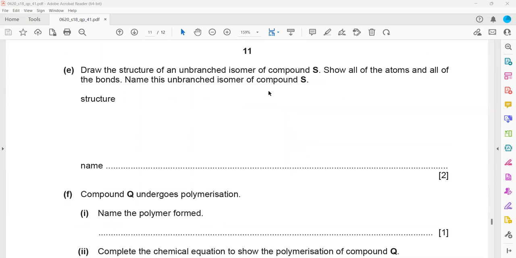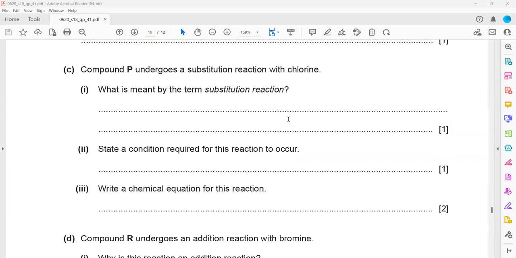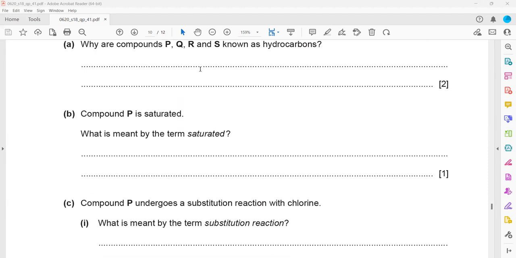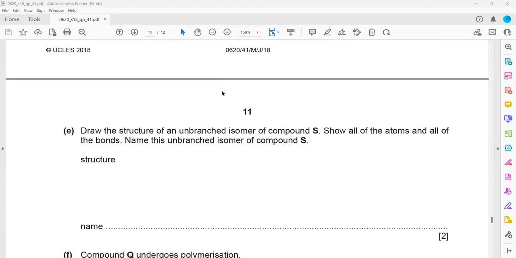Draw the structure of an unbranched isomer of S. So S is butene, with the double bond at the first carbon. We have this double bond at the first carbon. Whenever we want to draw an isomer of an alkene, either we can change the position of the double bond or draw a cyclic compound.